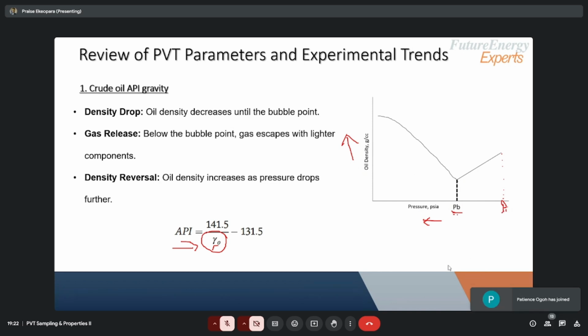So above the bubble point, the oil is dense, it is just in the single phase. So it will be denser when you have gases inside it, obviously. And I want us to recall from Boyle's law we did in chemistry. Boyle's law states that if you keep temperature constant, your pressure is inversely proportional to your volume.